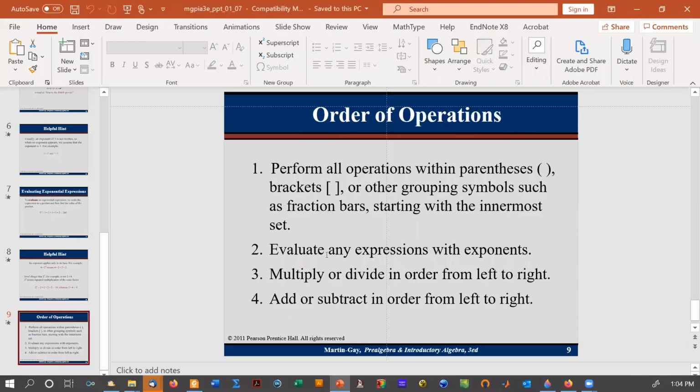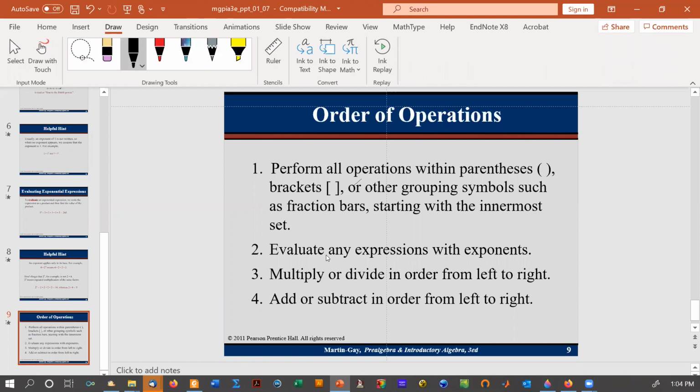So remember, you perform all operations within parentheses, brackets, or other grouping symbols such as fraction bars, starting with the innermost set. And you treat things in a fraction bar separately, the top and the bottom, right?